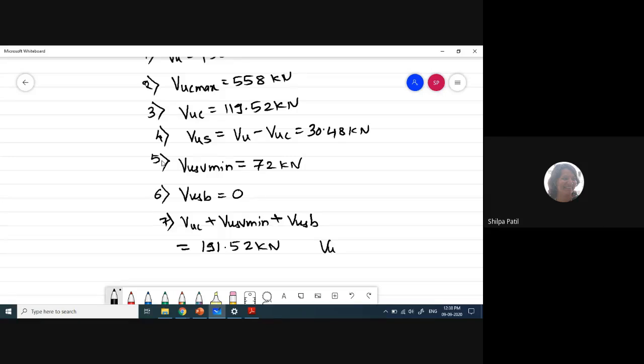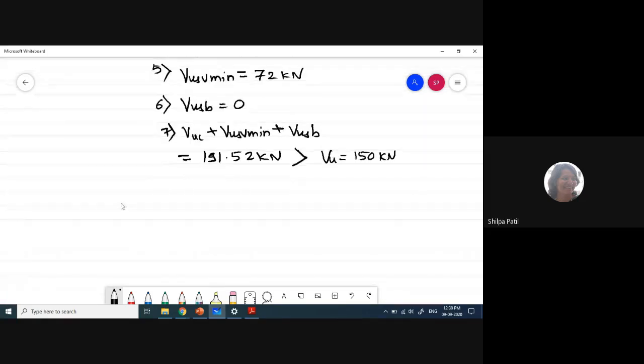Your VU is 150 for zone 3. So this value is coming greater than VU. It means whatever is the shear resistance shown by the concrete, the minimum reinforcement and bent up bar is not there. So the concrete and minimum reinforcement are sufficient to resist the total external shear force acting on the beam in zone 3.